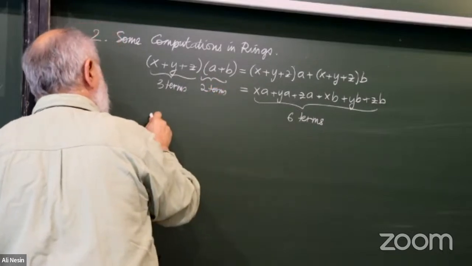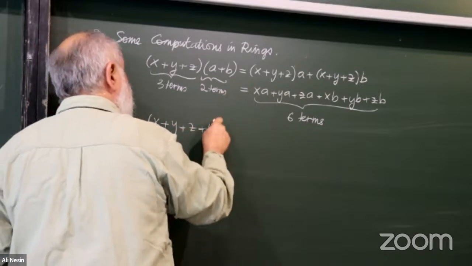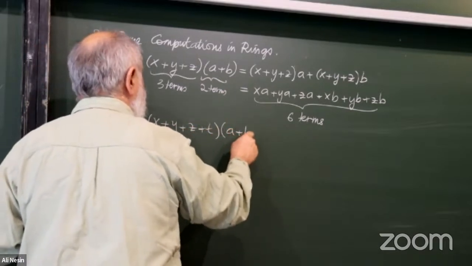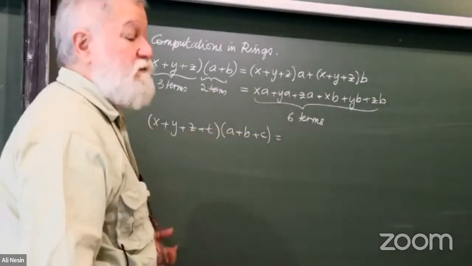If you multiply x plus y plus z plus t with, say, a plus b plus c, we'll have a sum of 4 times 3, 12 terms.